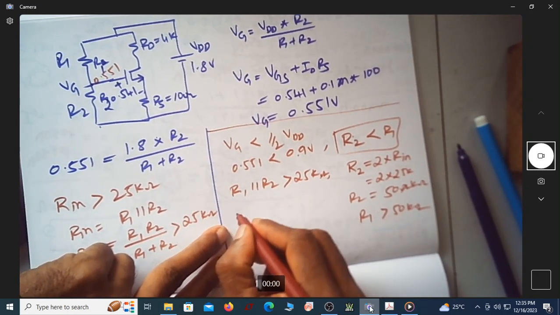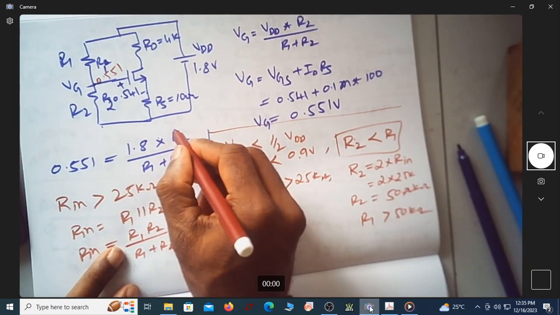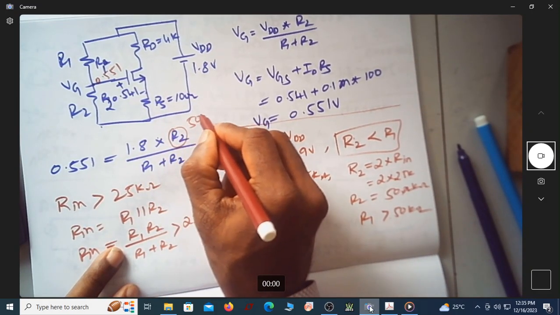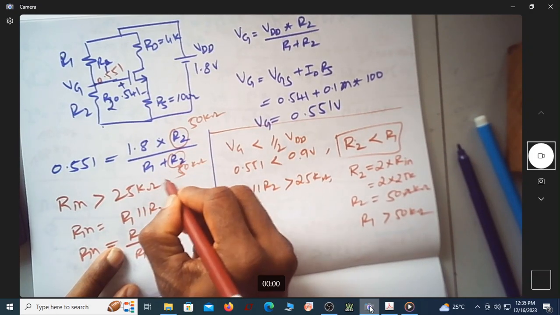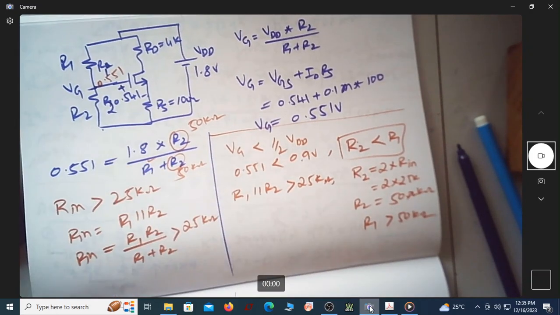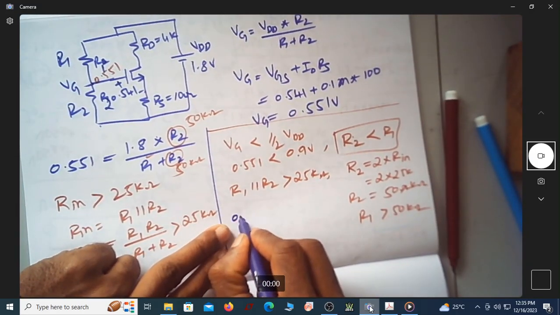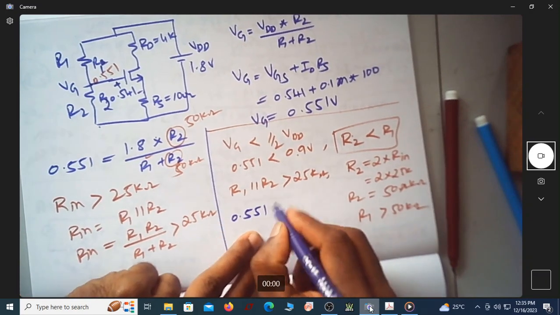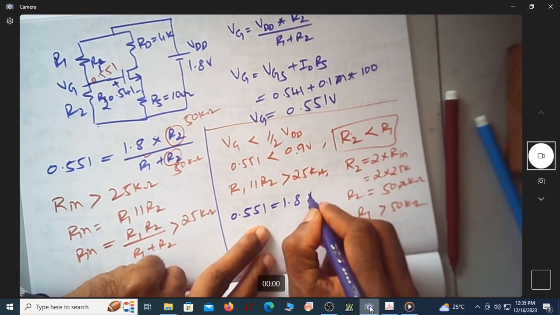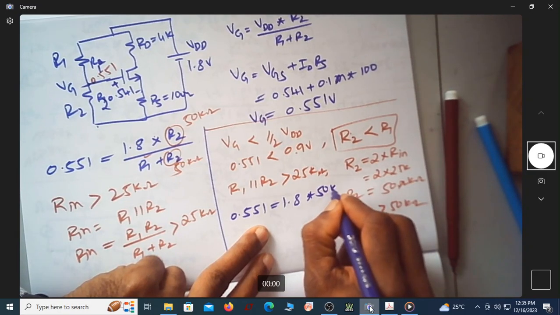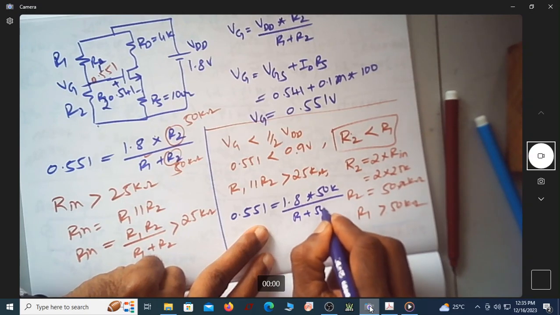So what I'll choose is, I'll use this equation, choose the value of R2 as 50 kilo ohm. This is now 50 kilo ohm, and now I will find the value of R1. So now what is the equation? It is 0.551 is equal to 1.8 into 50k divided by R1 plus 50k.